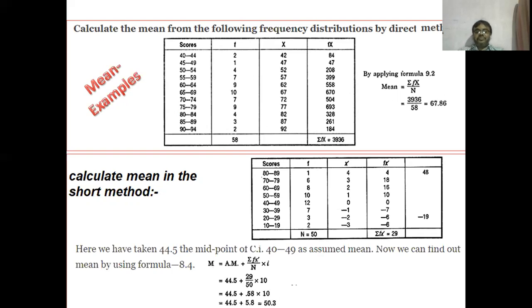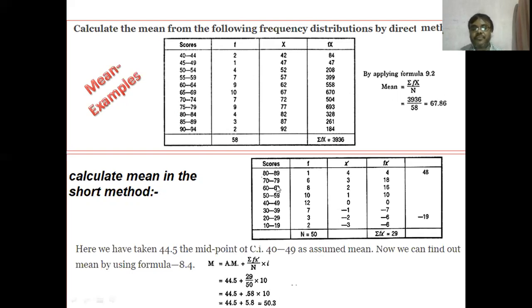Now, calculate the mean using the shortcut method. As we discussed in our last slide, with the shortcut method you take an assumed mean, compute the x dash, and then apply this x dash in order to calculate the final mean.